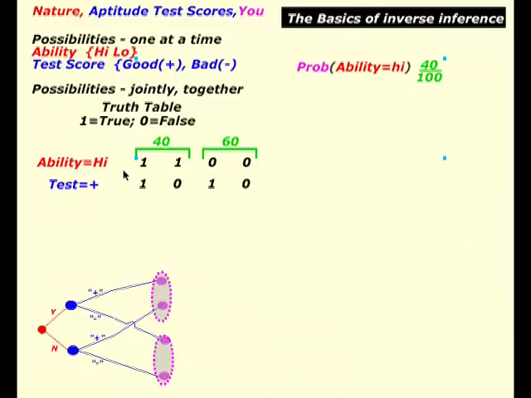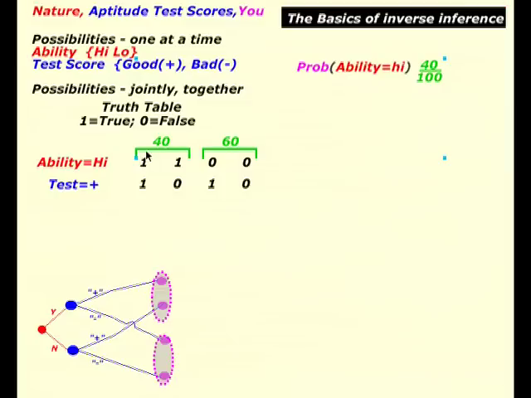Let's imagine we have that, and we have 100 pieces of information, and we break them down like this. You think there's about a 60-40 chance of being low ability, or if you like, the chances of high ability are around 40 out of 100. The chances of low ability are 60.